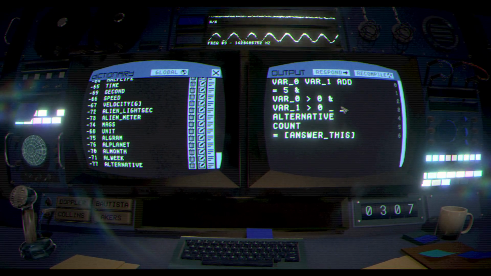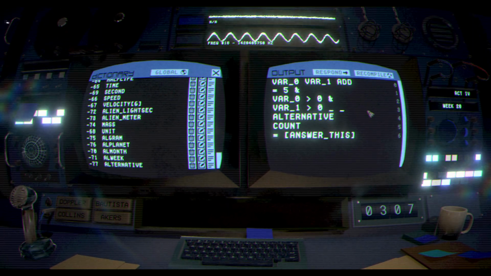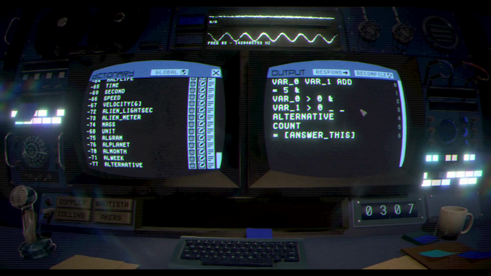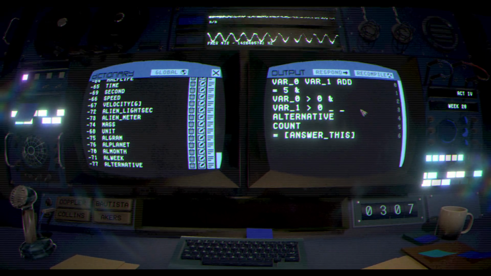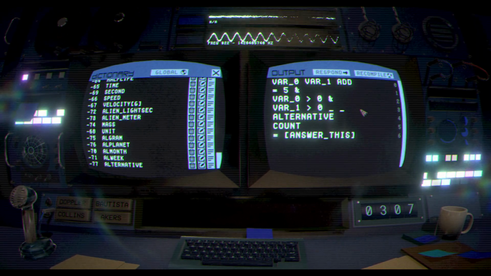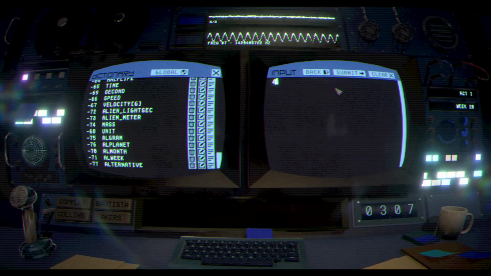Okay, var 0, var 1 add equals 5, and var 0 is greater than 0, and var 1 is greater than 0. Alternative count equals, so we can do 1 and 4, 2 and 3, and then 3 and 2, and 4 and 1. So that would be 4.